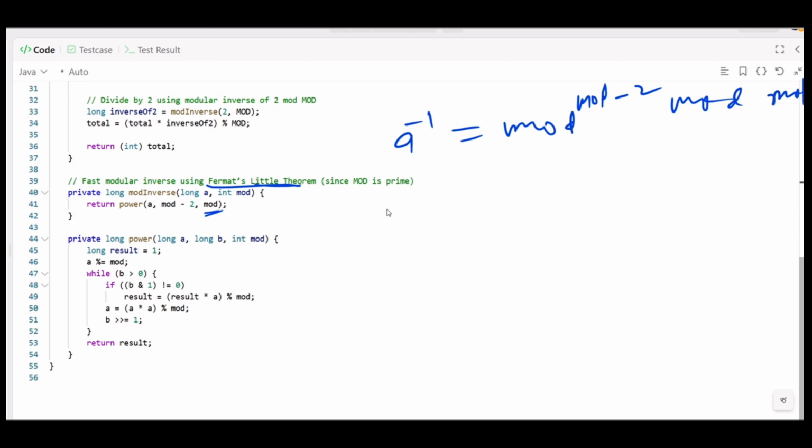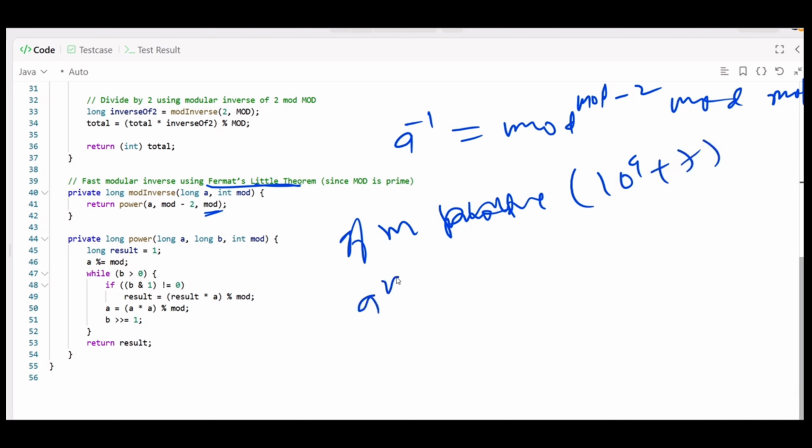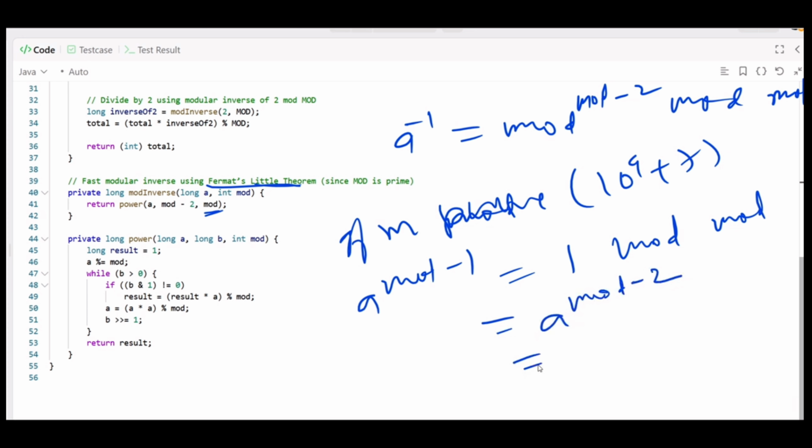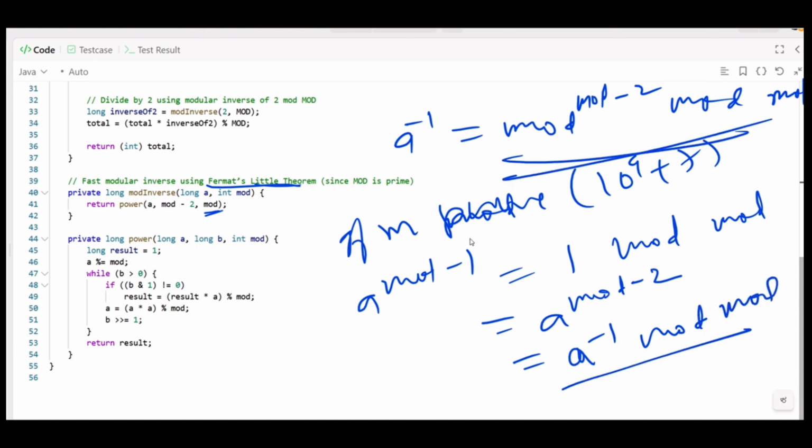Because m is prime, for example 10 to the power 9 plus 7, in this case a to the power mod minus 1 is equal to 1 mod m. It means a to the power mod minus 2 becomes a to the power minus 1 mod m. Understood? That is why I'm saying this. I hope you understand. Let me know in the comment section whether you understood or not.